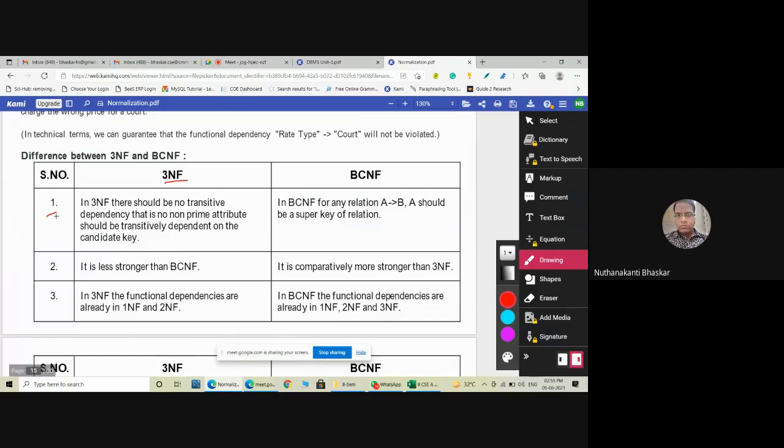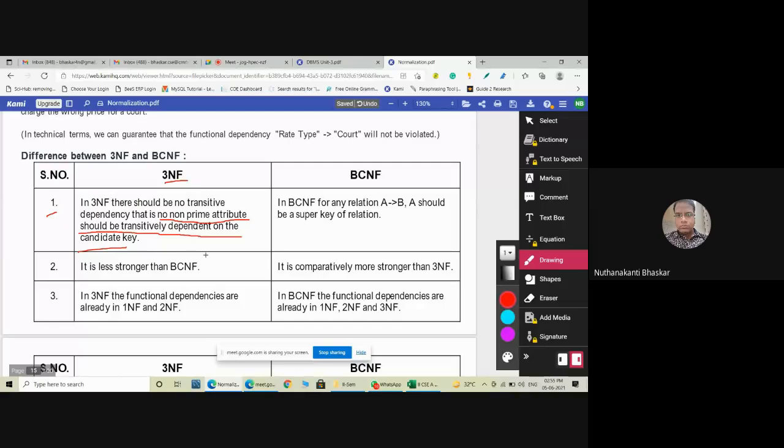The first point is that in third normal form, there should be no transitive dependency, that is, no non-prime attribute should be transitively dependent on the candidate key. This is exactly the third normal form definition. It never accepts transitive dependency.